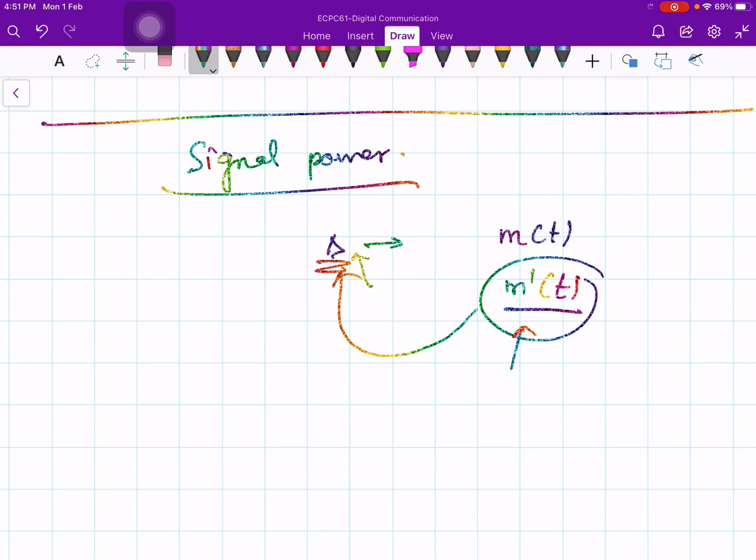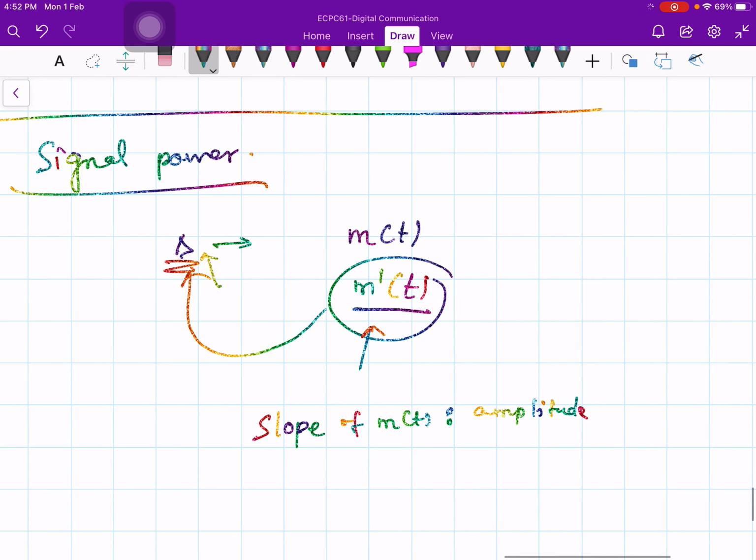Therefore, the slope of m of t depends on the amplitude of m of t and the frequency of m of t, or the highest frequency of m of t. We will prove this now, nothing to worry.